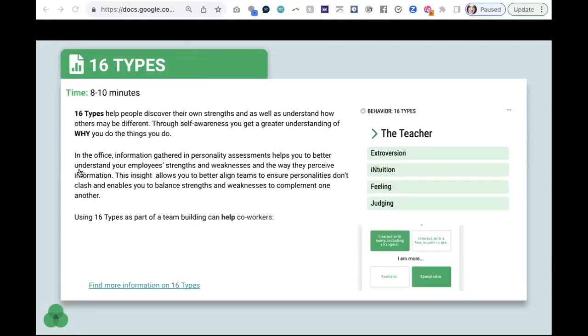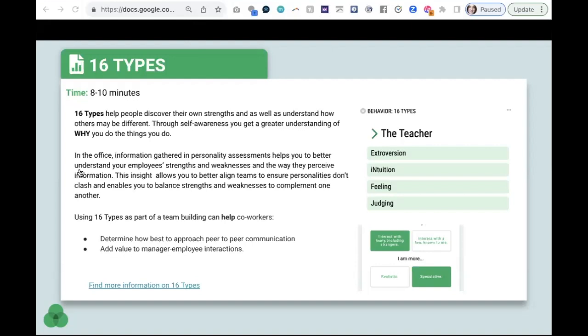So when you're using 16 types as part of team building, it can help coworkers determine how best to approach peer-to-peer communication. It can add value to manager-employee interactions, right? If I'm a high J and I've got a person on my team who is a high P, we look at managing information and life completely differently, right?